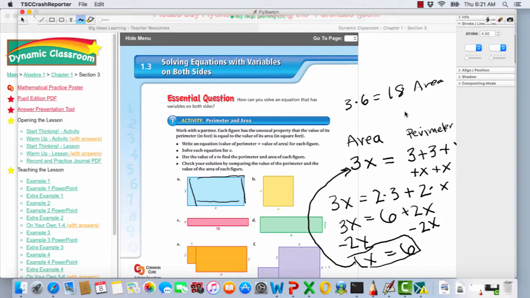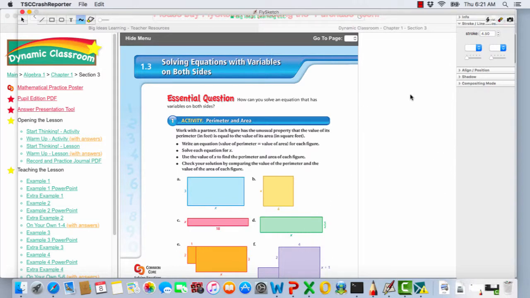So 3 plus 3 plus x was our perimeter. Hold on, let me erase that. I'm running out of space here. Oops. So our perimeter was x plus 3 plus 3.